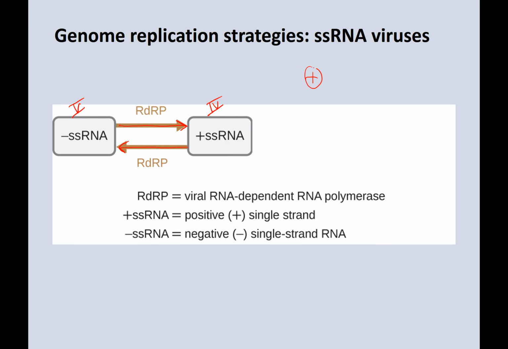So if you're a positive, you're going to copy to a negative, and then copy back to a positive. So this is genome to more genome. And that works the same. If you're a negative, you're going to copy it to a positive and copy it back to a negative.